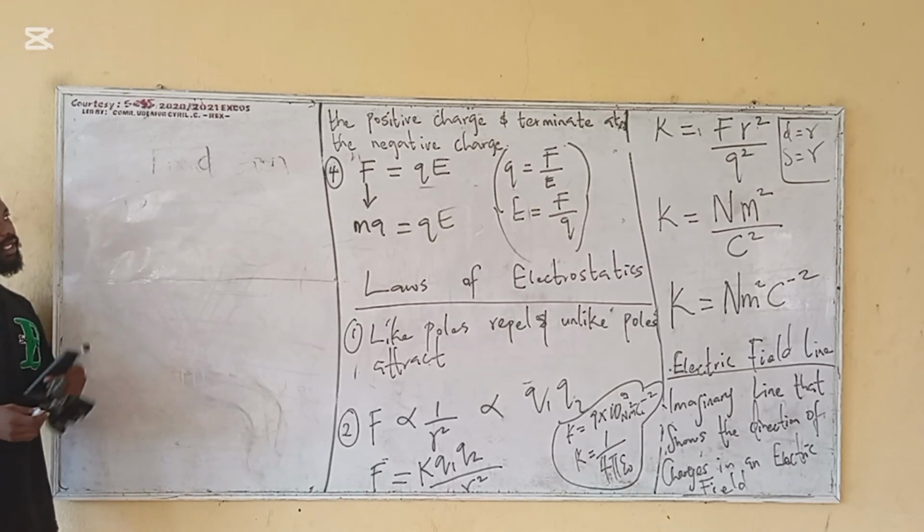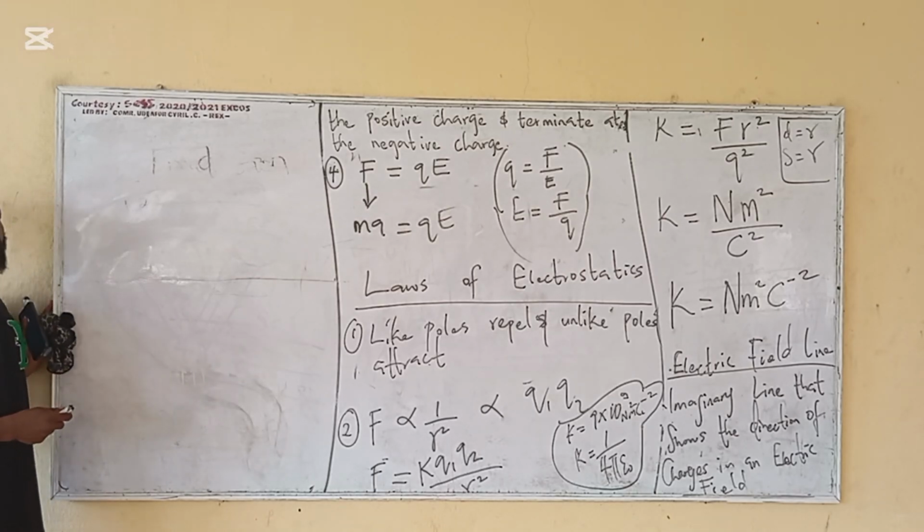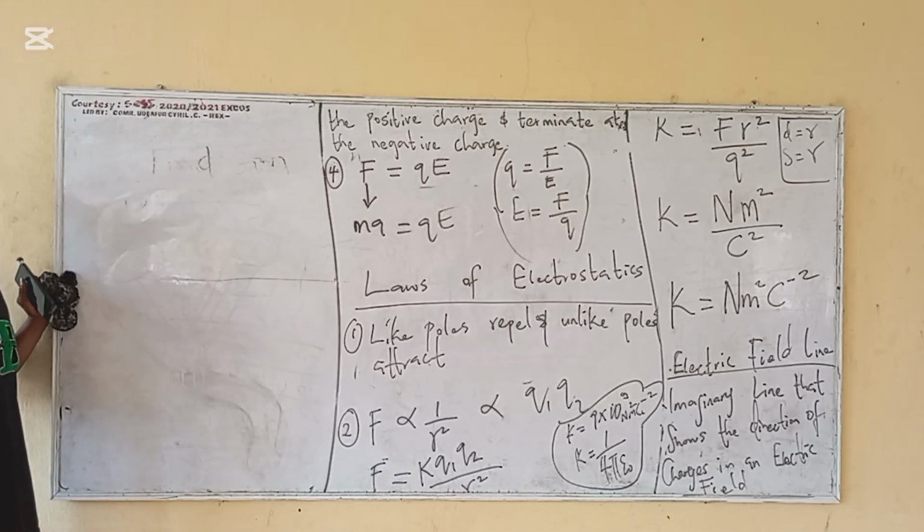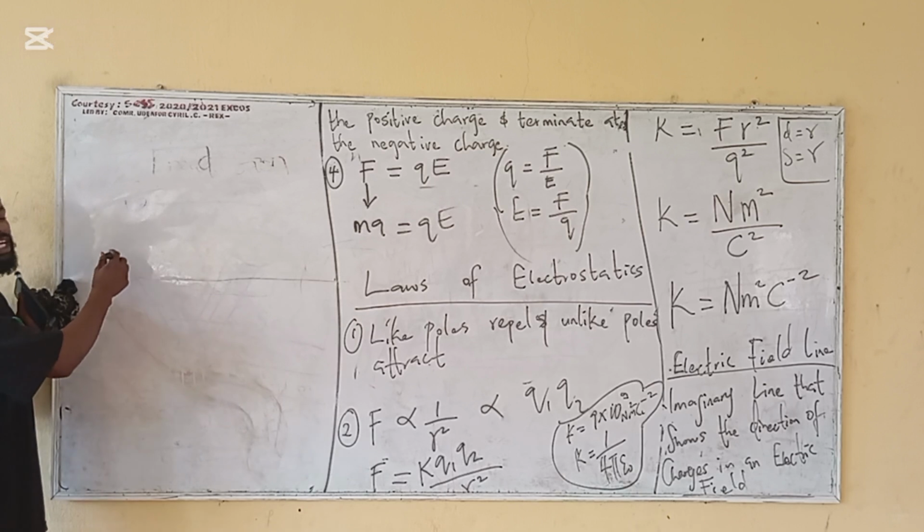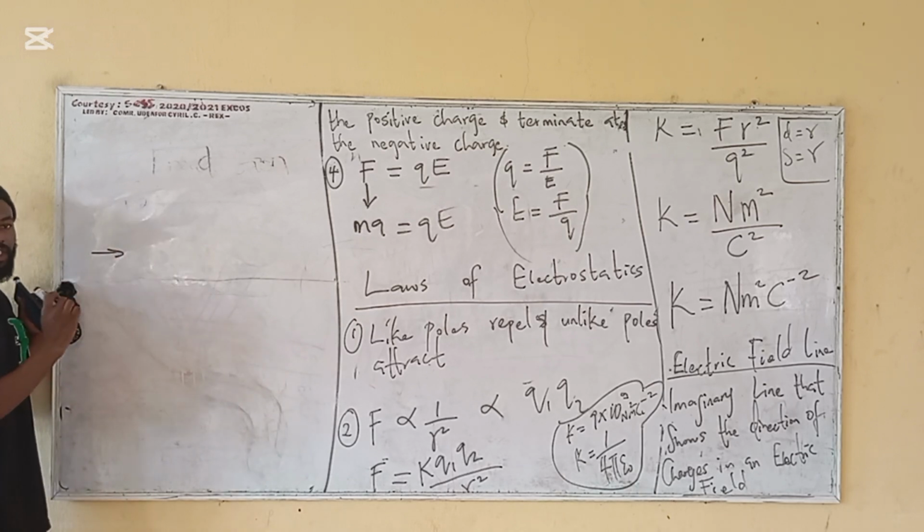Yes. Electric field potential is the work done in moving a unit positive charge. Do you know why they normally use a unit positive charge? Because they take it that what is moving is positive charge. In reality, that is not the case.